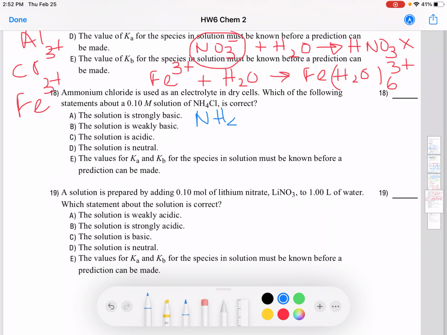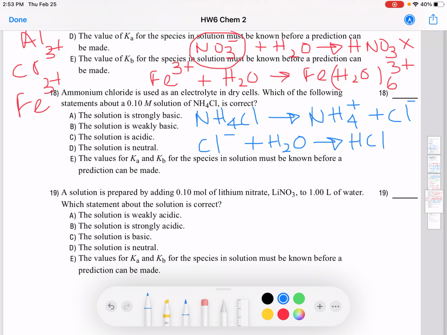Let's do the same thing for ammonium chloride. First thing you're going to do is you take ammonium chloride and break it into its ions. It's going to form ammonium ions and chloride. Then you take chloride and see if it's going to form any kind of acid. Now chloride is the anion of a strong acid, hydrochloric acid.